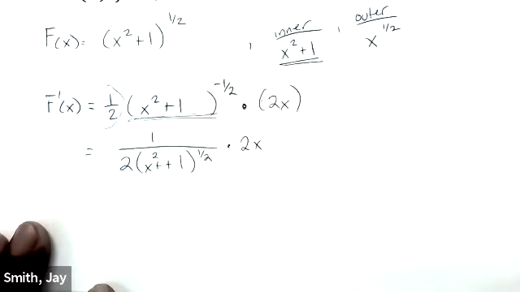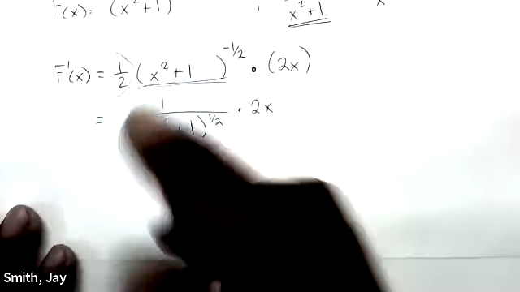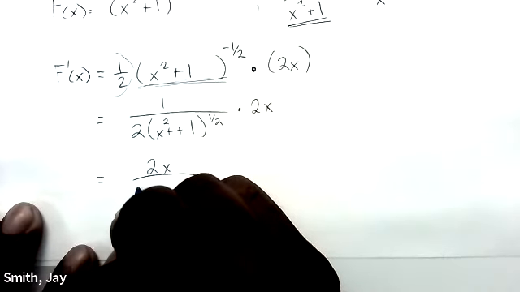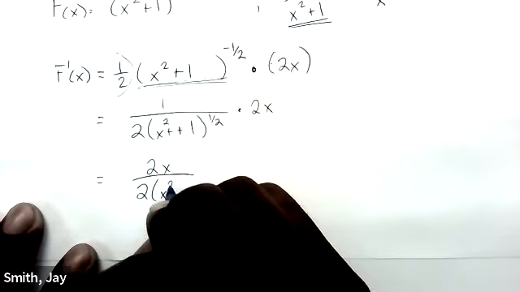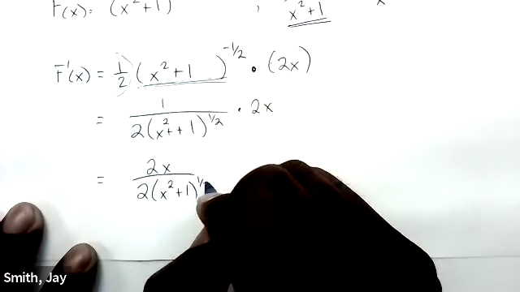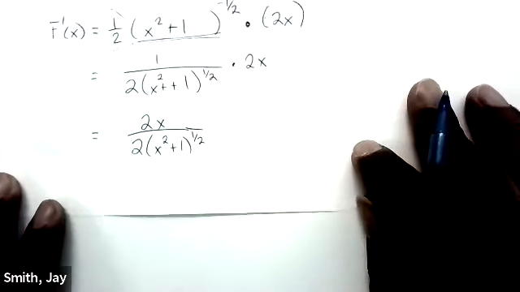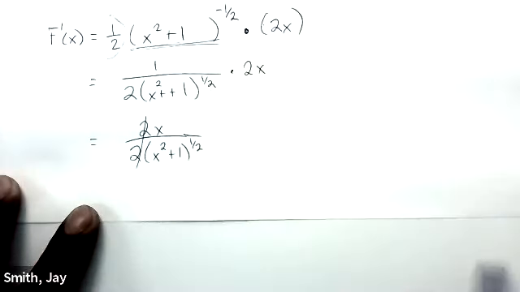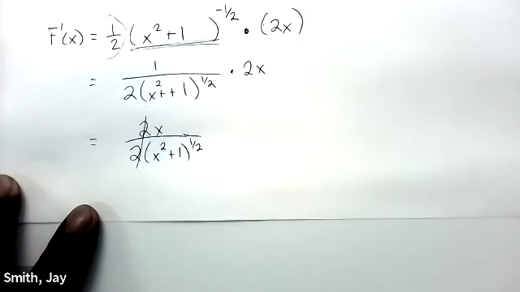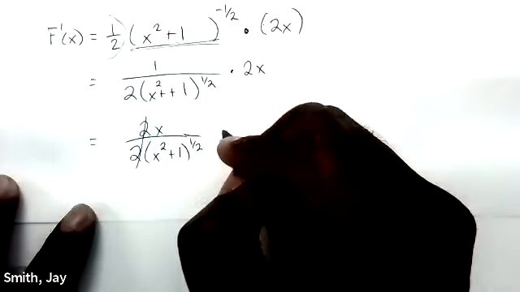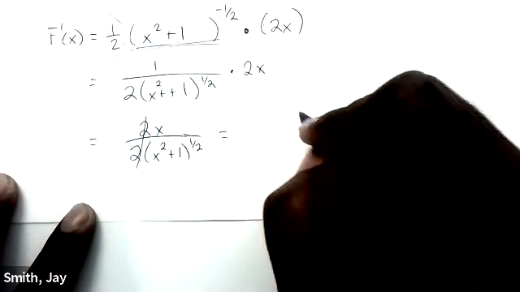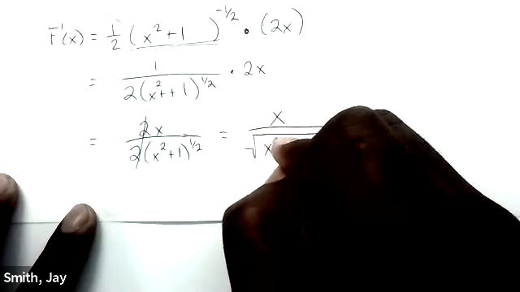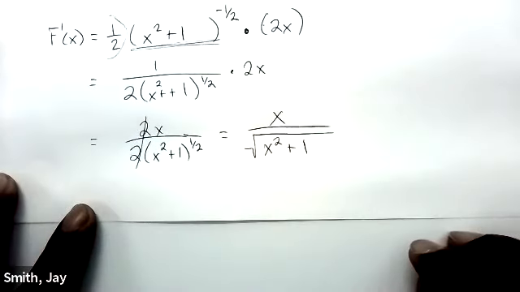So we multiply by 2x, which is easy enough to do, because 1 times 2x is going to make my numerator 2x, divided by 2 times x squared plus 1 to the positive 1/2 power. Anything over itself is going to cancel. So in this case, my 2's will cancel. So my answer ends up being x divided by the square root of x squared plus 1.